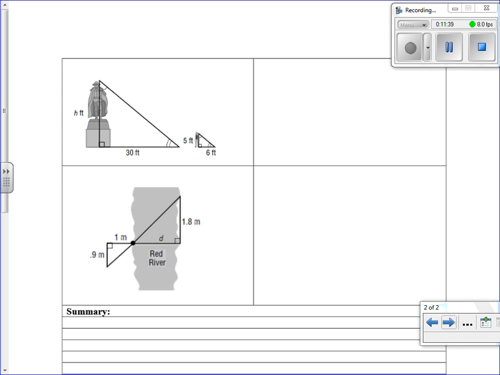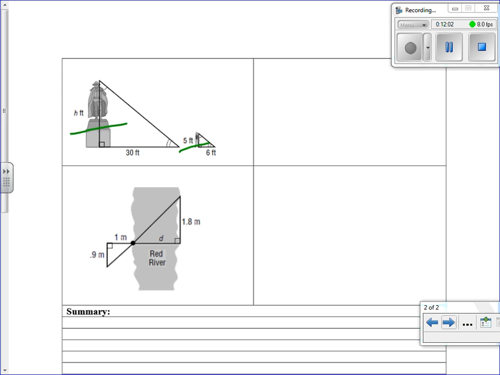He was 5 foot high and distance of 6 feet away, and to determine the height of the statue, which was 30 feet away and h feet high. So you can go ahead and determine your proportion, set up your proportion, and solve that one. Okay, if you need to, pause so you can work on that.